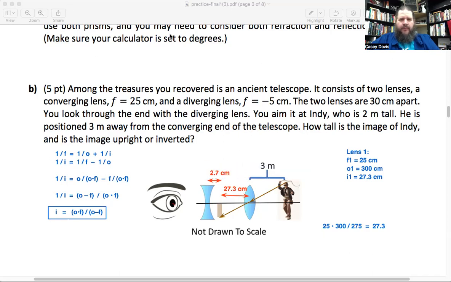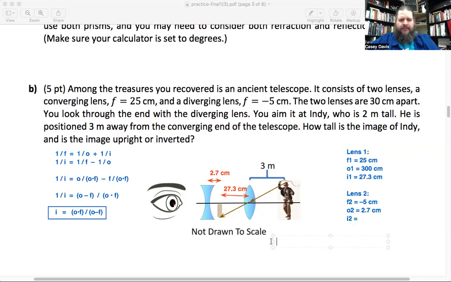So for lens 2, we can say F2 is negative 5 centimeters. It's a diverging lens. O2 is that 2.7 centimeter distance. And then we can use the thin lens equation again to solve for image 2.